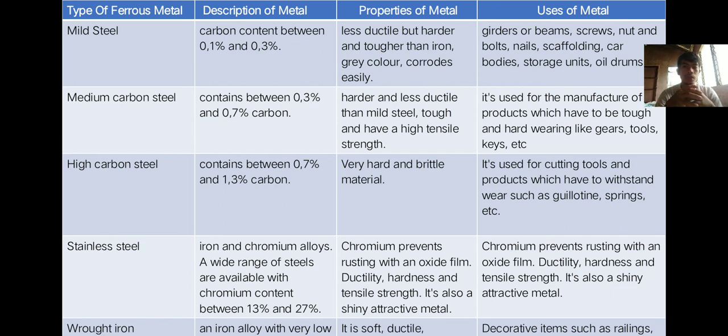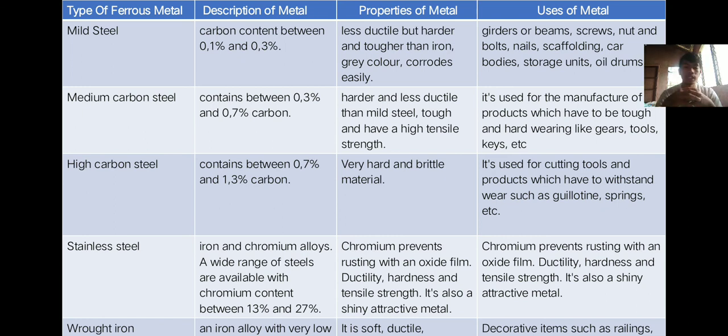Lastly is wrought iron. Wrought iron is an alloy with so little carbon content that it is almost pure iron. During the manufacturing process, some slag is added, which gives wrought iron excellent resistance to corrosion and oxidation.